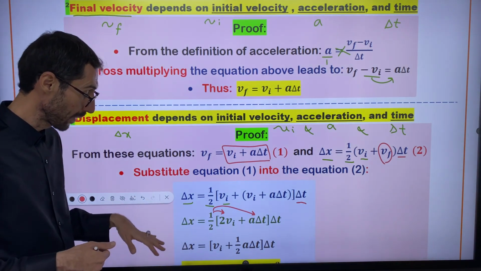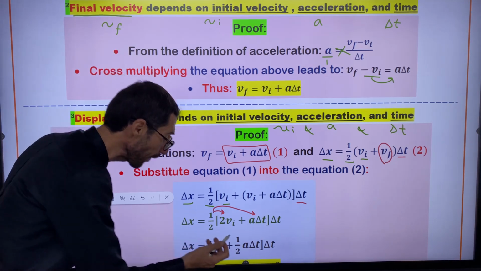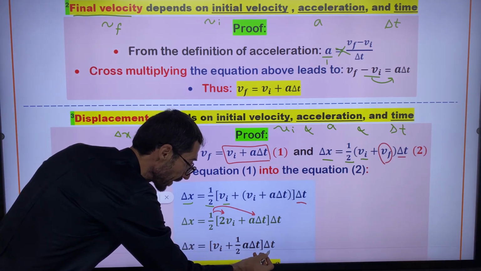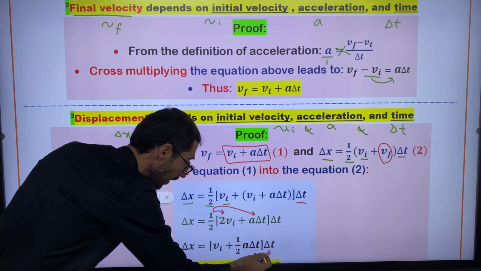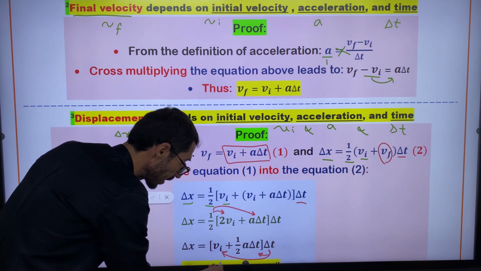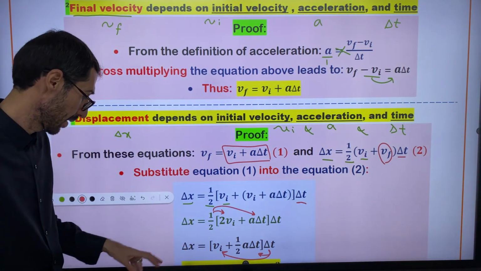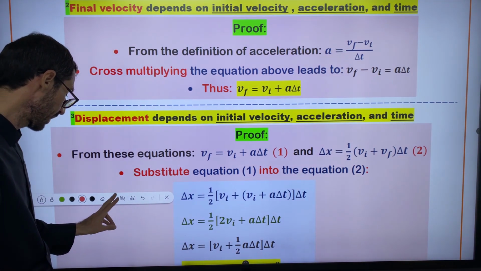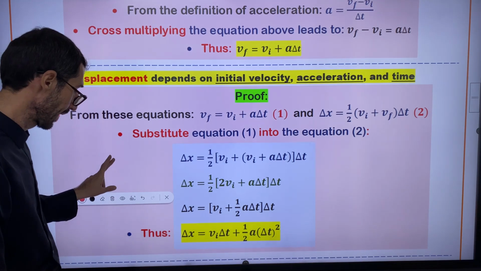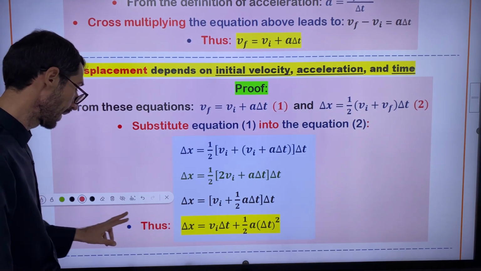So right now, this is the last step. You have to multiply the time interval outside the bracket by each term within the bracket to get the final form. Let me show it to you. This is the final form.